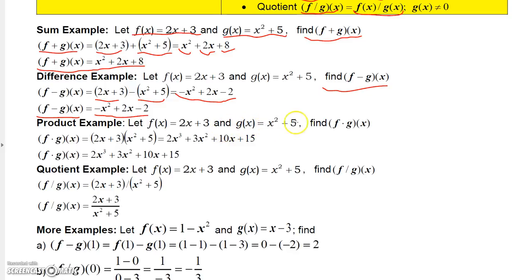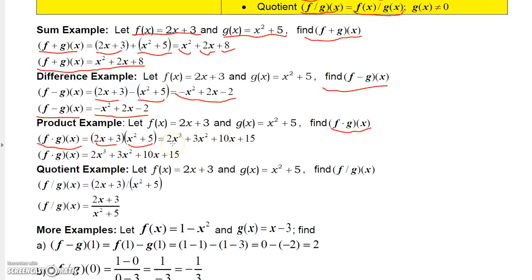Then I could also do the product of these 2 functions. So the product function would actually be the product of these 2 binomials. And you know how to FOIL, and so that's all we're going to do. We're just going to FOIL: 2x times x squared is 2x cubed, 2x times 5 is 10x, 3 times x squared is 3x squared, 3 times 5 is 15.